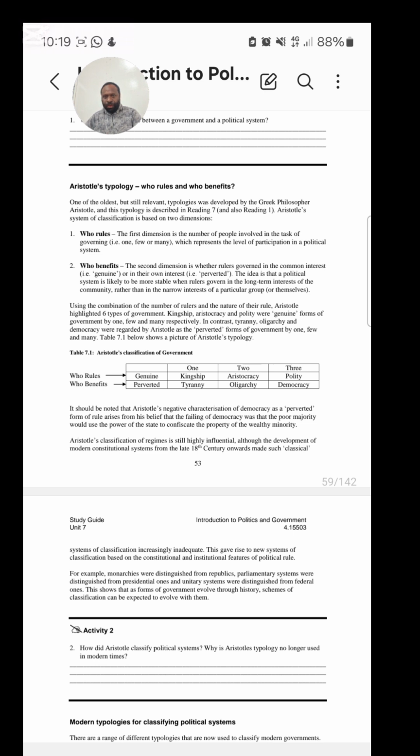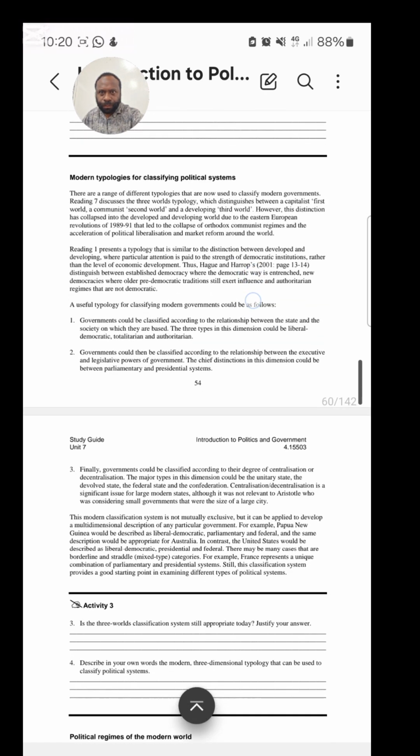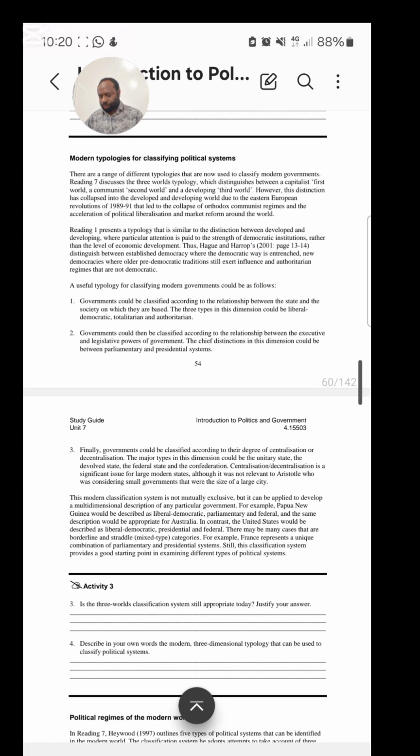Now let's move on to objective 2 and look at the modern typologies found on page 54. I'll read the first sentence of the first paragraph here.